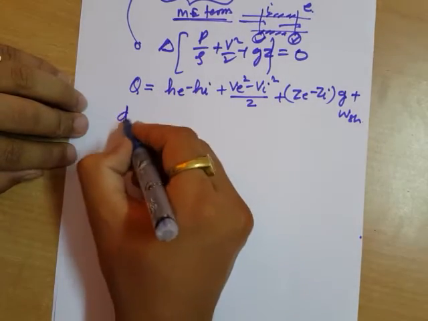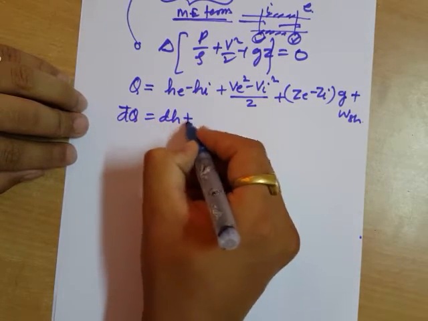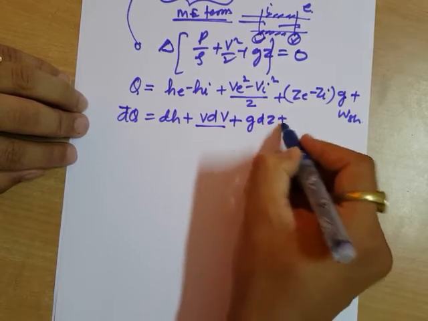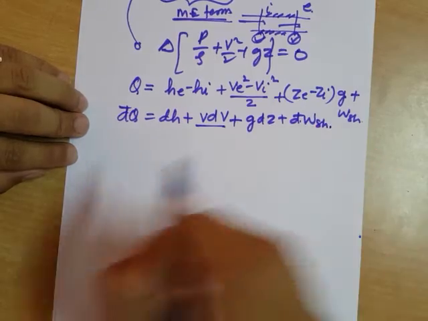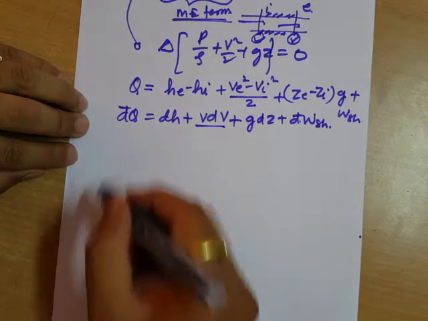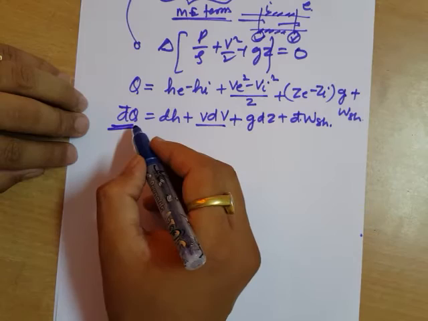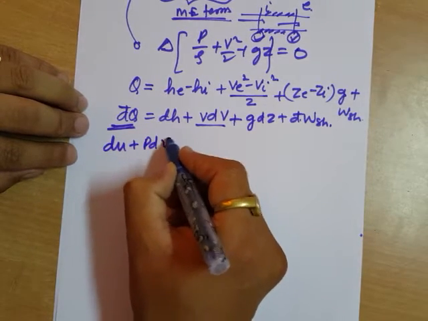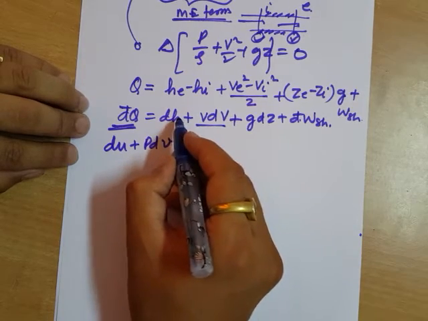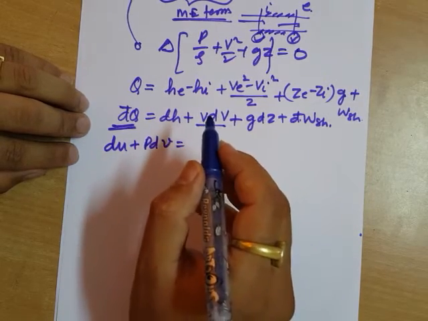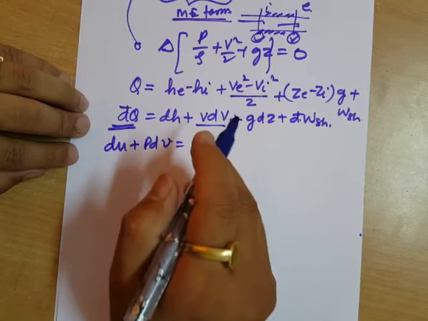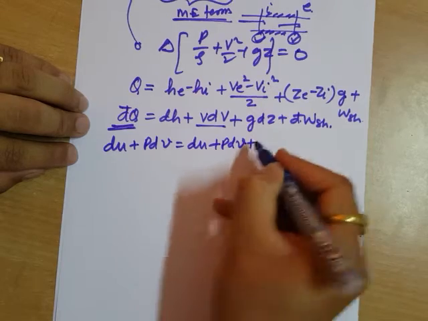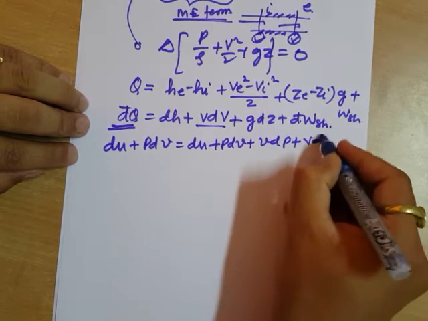Now if you differentiate it, you will get dh plus VdV plus g dz plus dW. And now if you write this dq as du plus pdv, and h, we all know it is u plus pv, so on differentiating, this dh will become du plus pdv plus vdp.